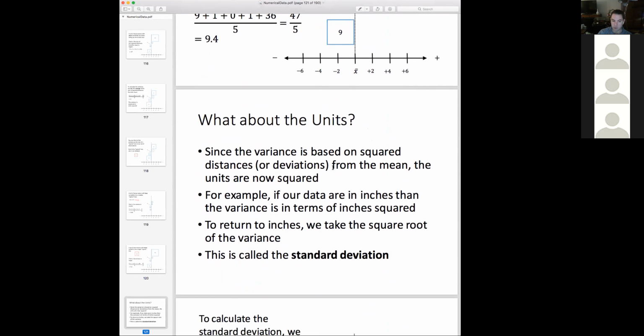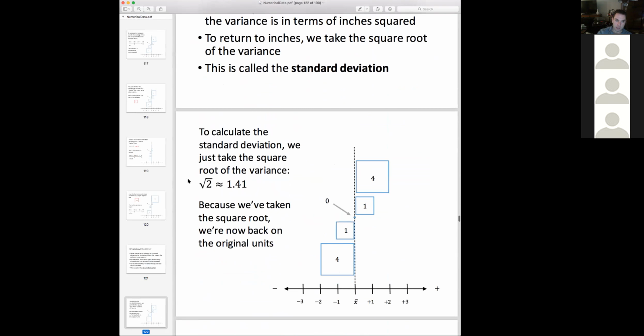Once we take the square root, it goes back to the units that we're dealing with in the example. When we talk about variance, the units will be the units squared. So if you're dealing with inches, the variance is going to be inches squared, which is not what you want. You want inches. So what we do is take the square root of the variance to get the standard deviation.